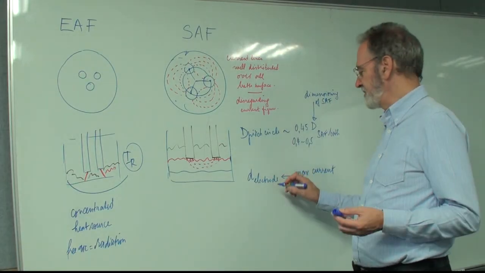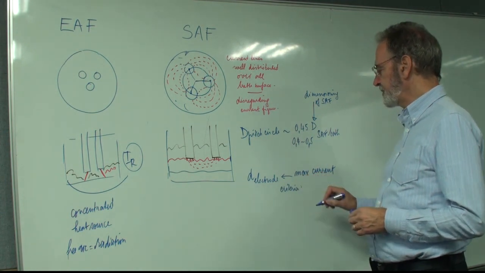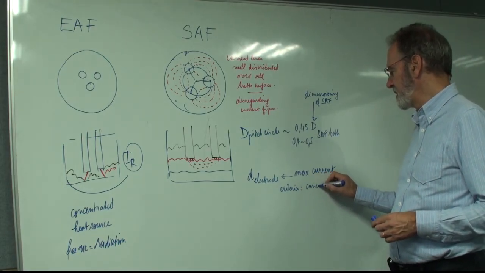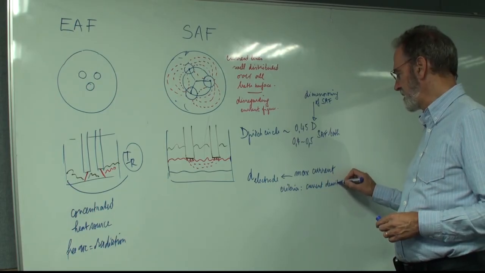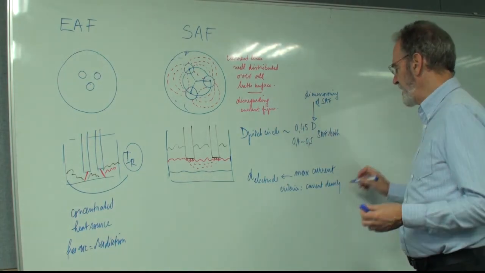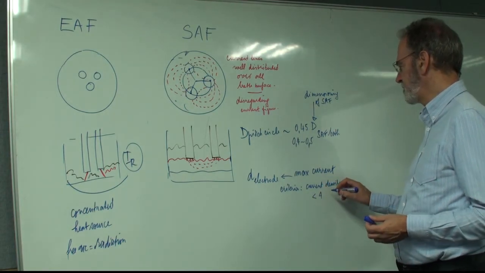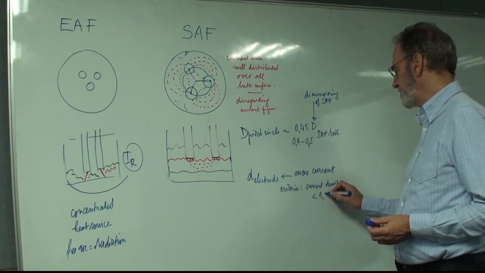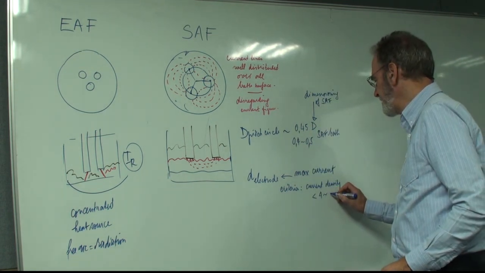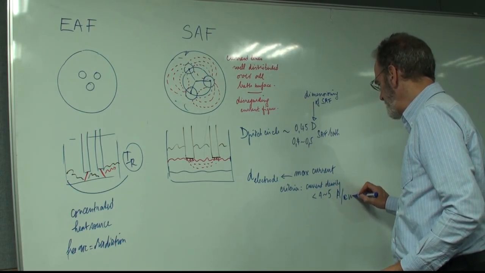And the criterion is that the current density should be less than about 4 or 5 ampere per square centimeter.